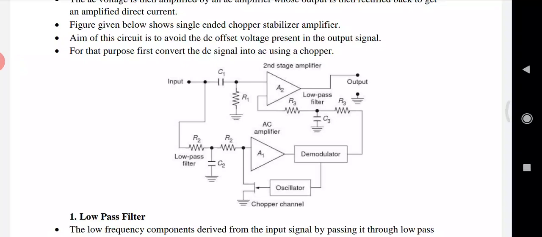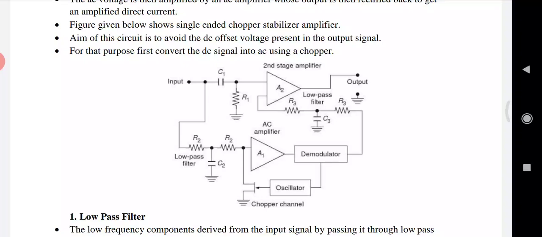So we have to know what a DC offset is. DC offset is the unwanted DC output voltage which appears at the output of the op amp in addition to the desired signal.